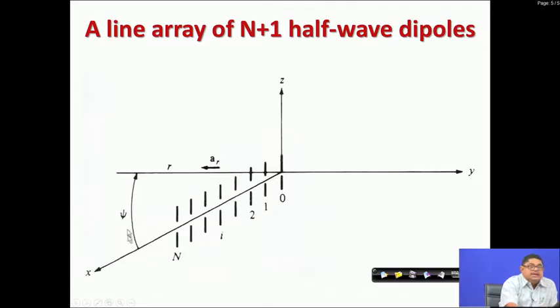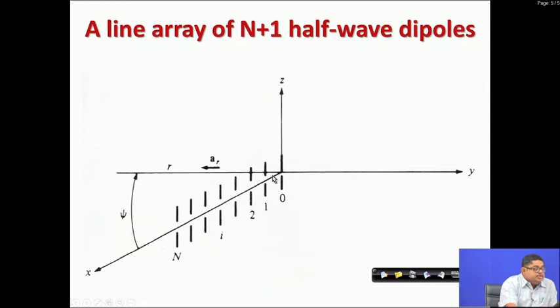This psi is a solid angle. The radius vector of the observation point makes an angle psi with the array axis. This is the standard terminology that we will follow.